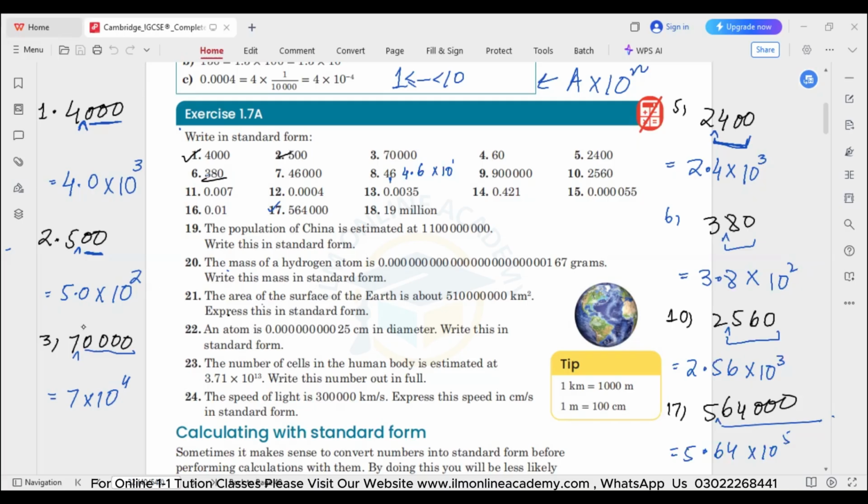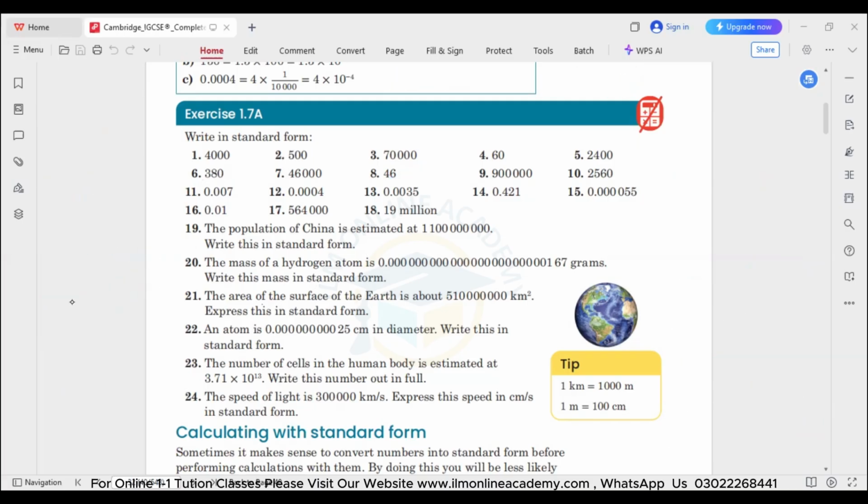Now, if we check from question number 11 onward, these numbers are basically smaller numbers. Okay, if we have been given a number like 0.00 something, these numbers are basically smaller numbers. For these smaller numbers, we can represent the power as a negative power. Okay, for smaller numbers starting with 0.00, you need to write down the power as a negative power.